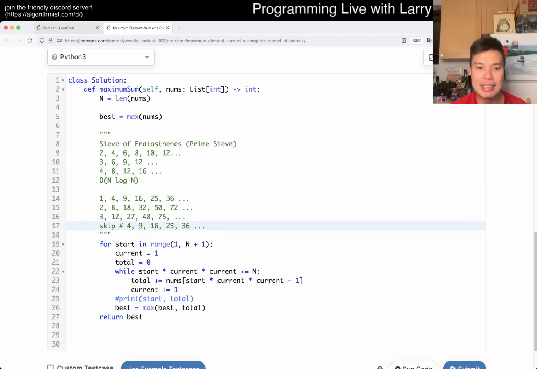Every number will only appear in one sequence if you skip them, because you can just break it down by the prime factorization and figure it out that way. And everything will be unique by some diagonalization thing, I think. Don't hold me to it. Definitely let me know in the comments if you've done it that way.